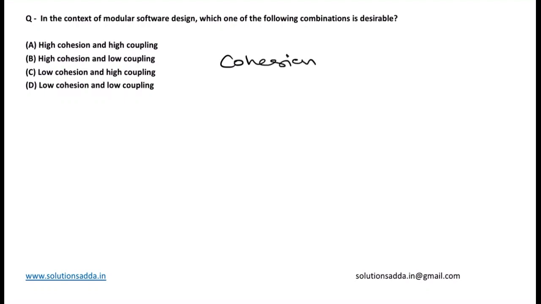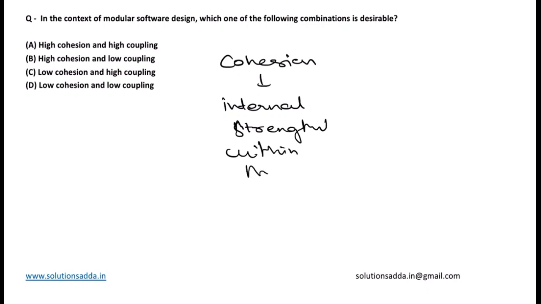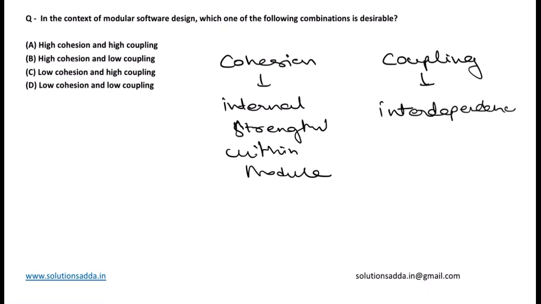Cohesion is a measure of internal strength within the module, while coupling is a measure of interdependency among the modules. So remember these terms.